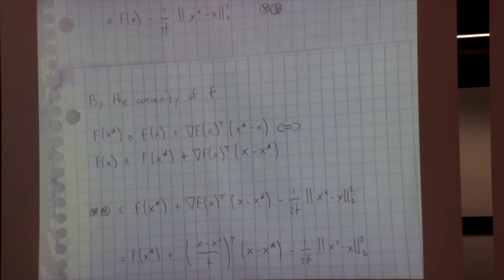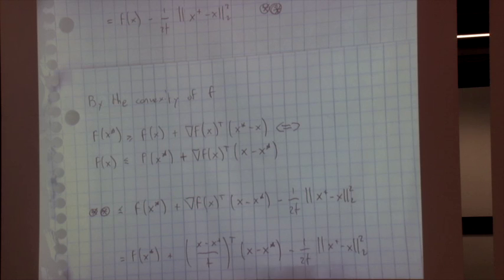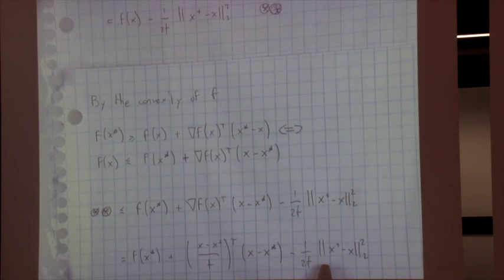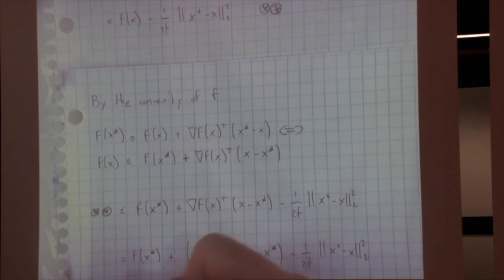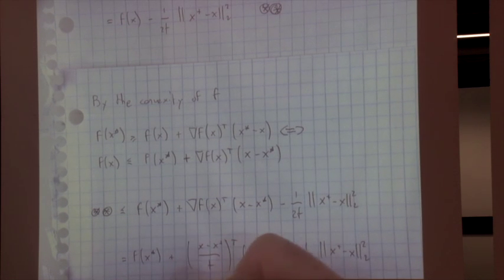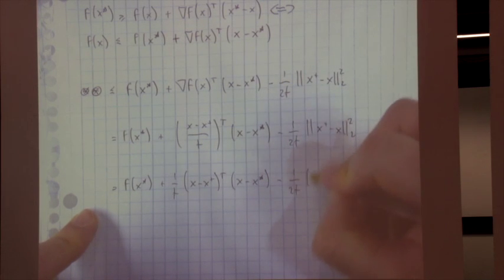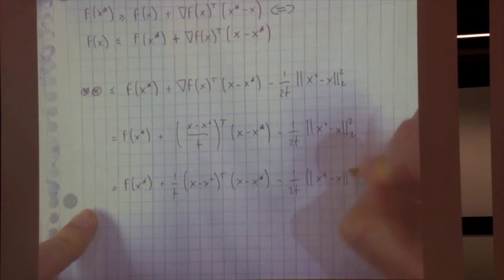So now I basically almost have, you see that this looks like a piece of a quadratic form, but I'm missing one of the squares. So I'm just going to make that appear basically. Yeah, let's rewrite it before. So this is actually f of x star plus 1 over t x minus x plus transpose x minus x star, minus 1 over 2t x plus minus x squared.